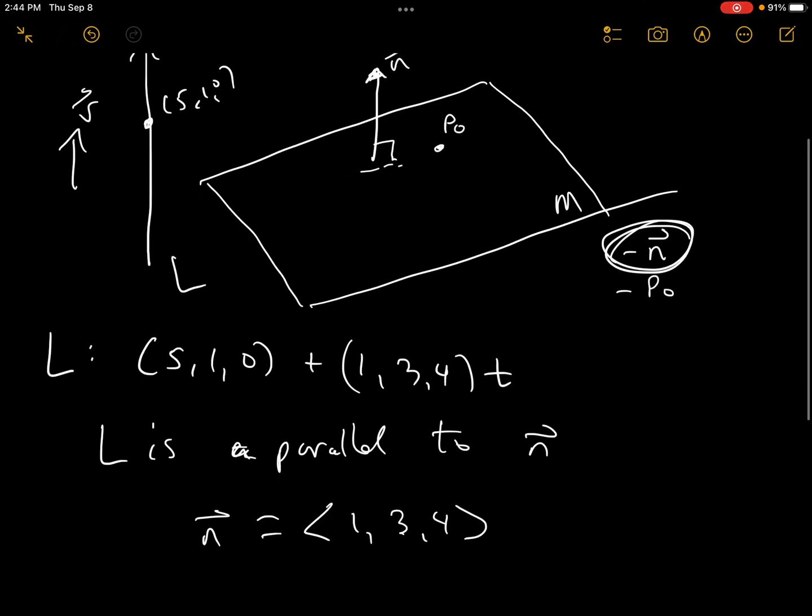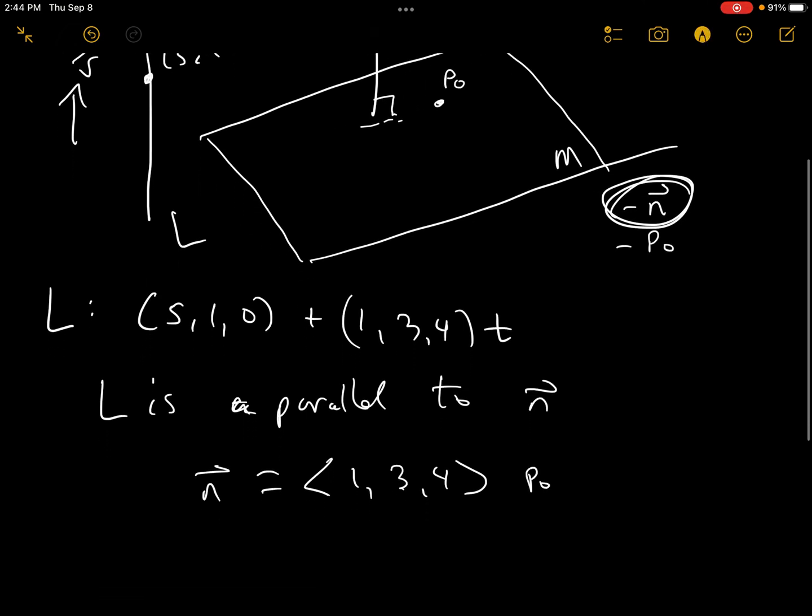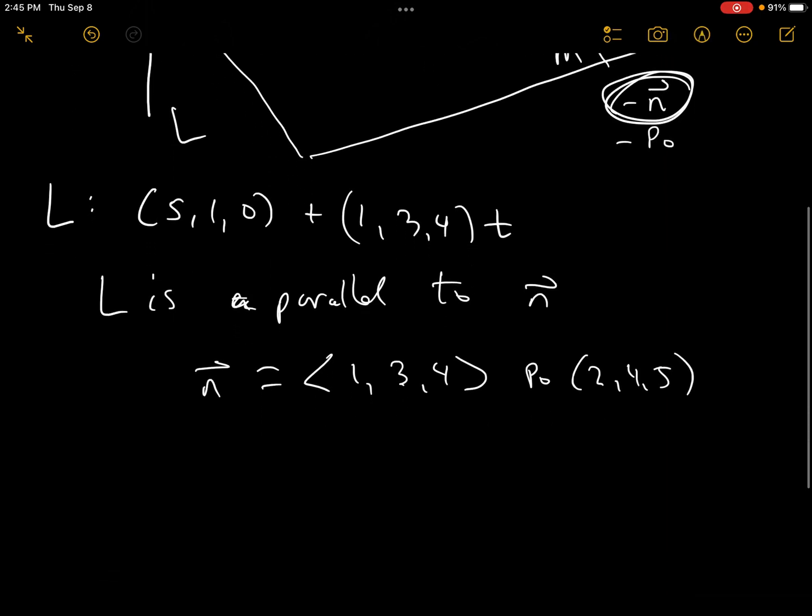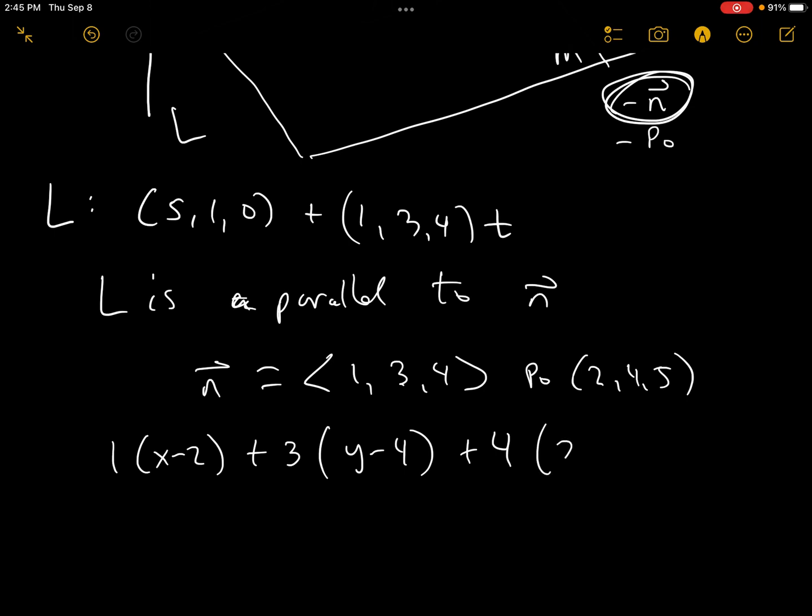Okay, so now we have the normal, and we have the point 2, 4, 5. And so we put it into the standard equation here, which is what? It's 1 times x minus 2 plus 3 times y minus 4 plus 4 times z minus 5 equals 0.